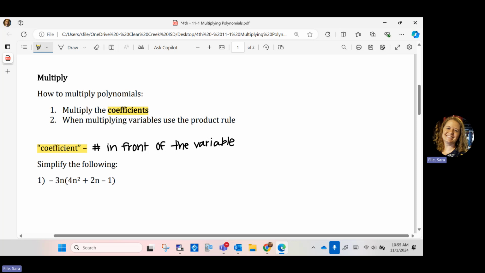So in this example 1, -3 is the coefficient in front of n. 4 is the coefficient in front of n squared. 2 is the coefficient in front of n. Now, -1 is not a coefficient, it's the constant, but it's still a number, it's still going to get multiplied.